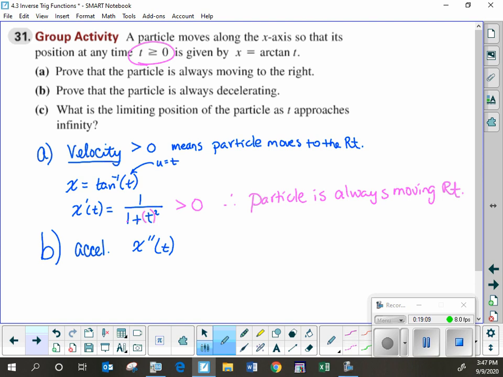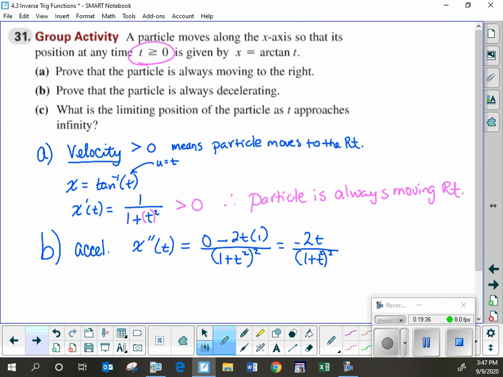I'm trying to think. Oh, quotient rule. There we go. Double prime. So derivative of the top is 0. Don't really need to write the bottom. Minus derivative of the bottom is a 2t times the top over bottom squared. 1 plus t squared quantity squared gives me a negative 2t over 1 plus t squared squared.